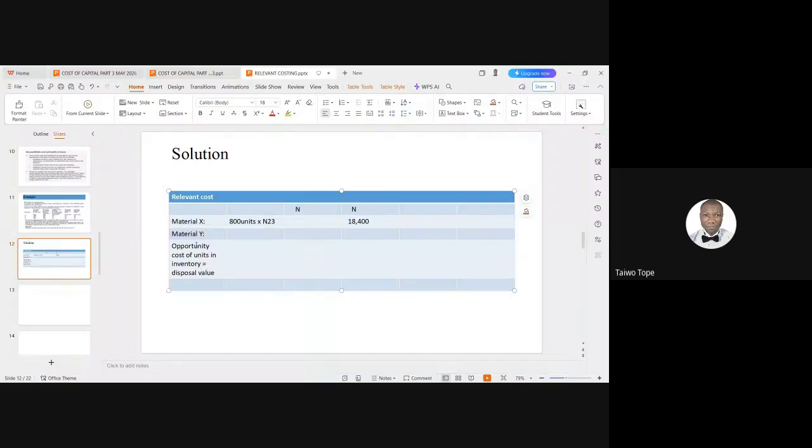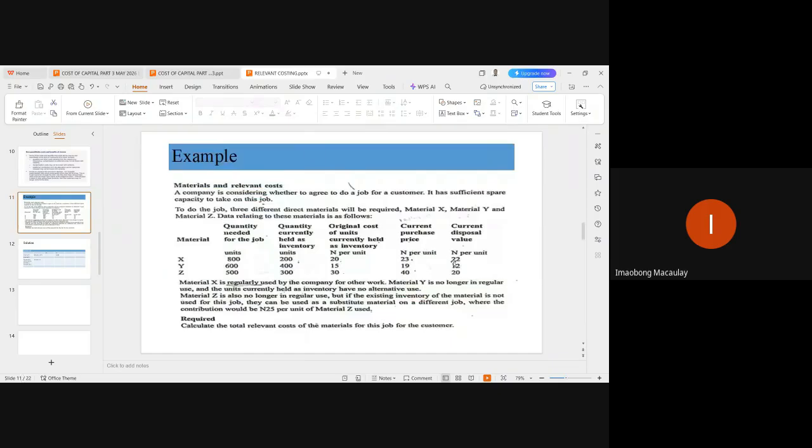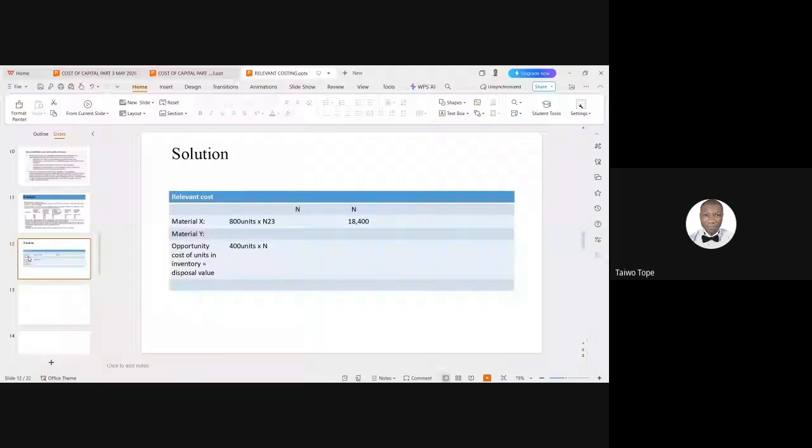Now, the units in inventory are 400 units, multiplied by what? The disposal value is what? 12 naira. When you multiply, you have what? 4,800.